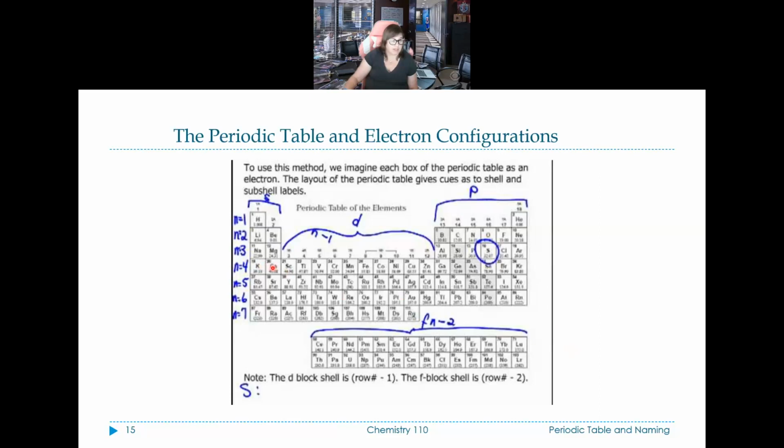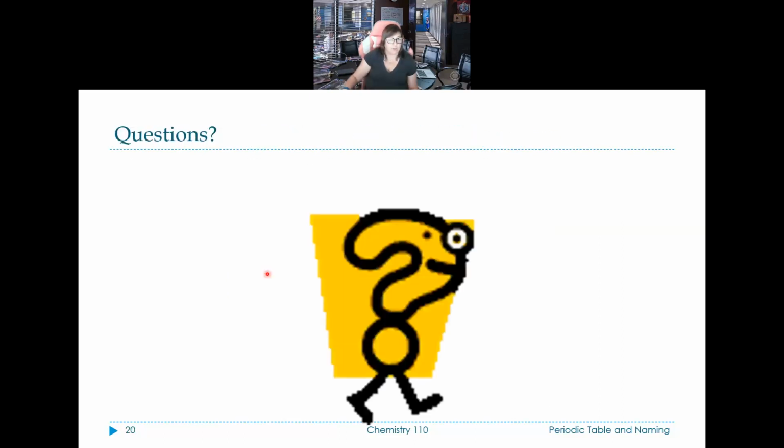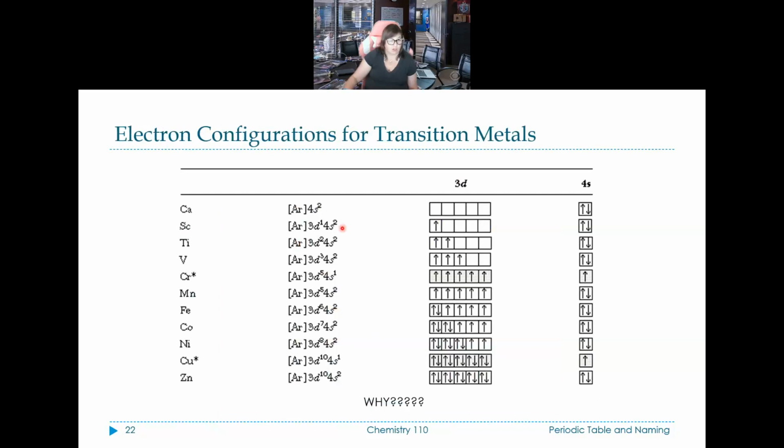So we've gone all through the 3s and 3p, and then we go to 4s, right? So that's where Ca is. That 4s is full. And that's what we should see in the drawing that we have, which we do. This is argon 4s2. Then my next one, scandium, is going to be a 3d1 4s2.